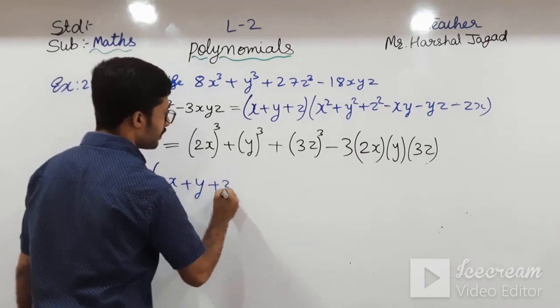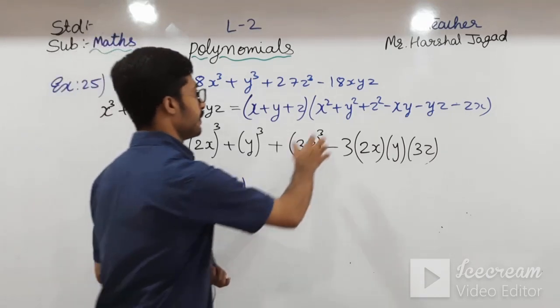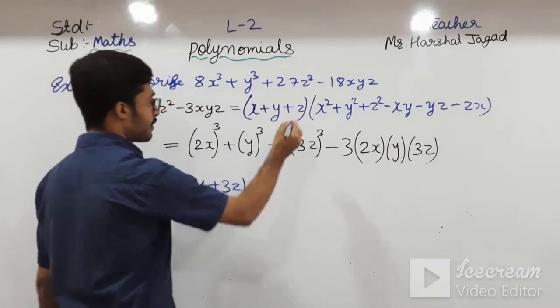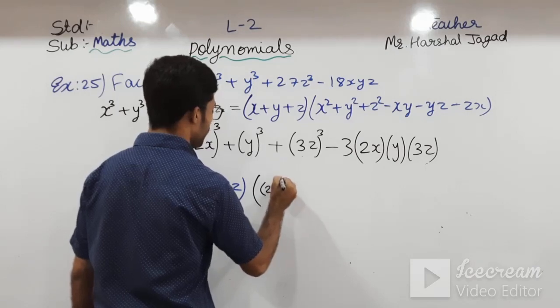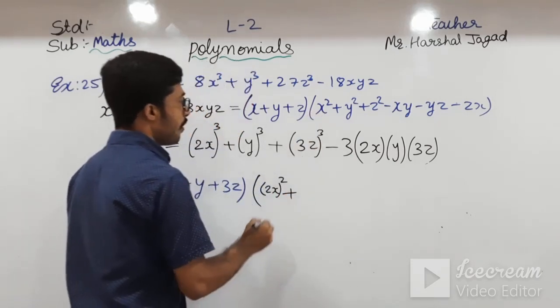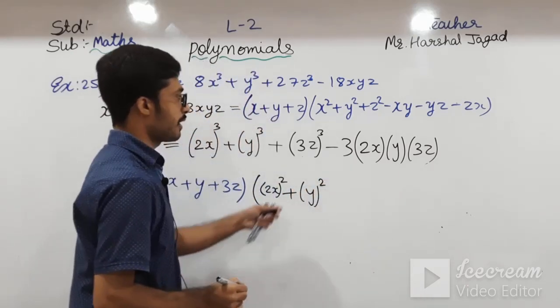That is 3z. Then in this bracket, x square, what is x? That is 2x the whole square, plus y square, that is y the whole square, plus z, what is the value of z?